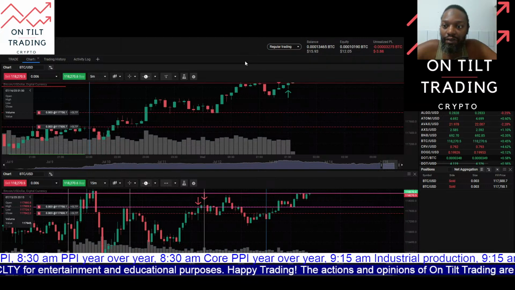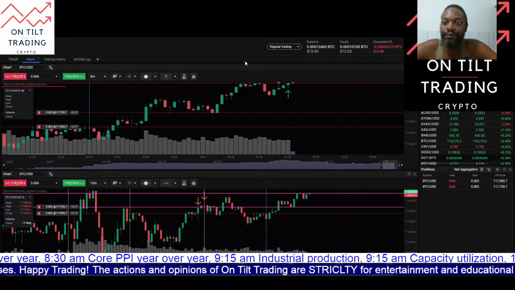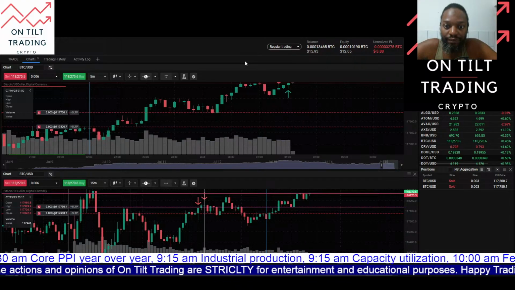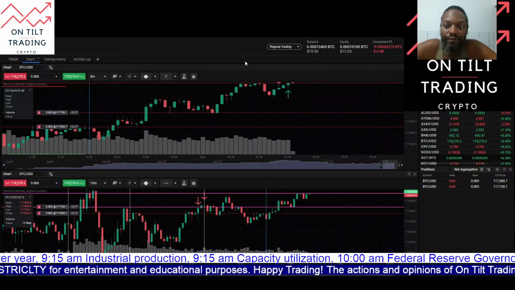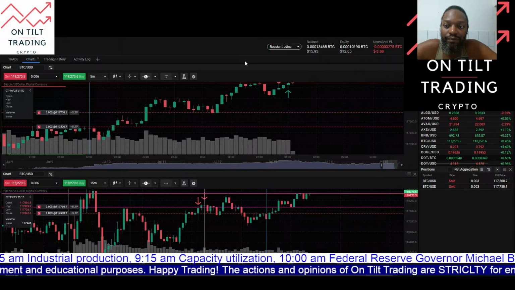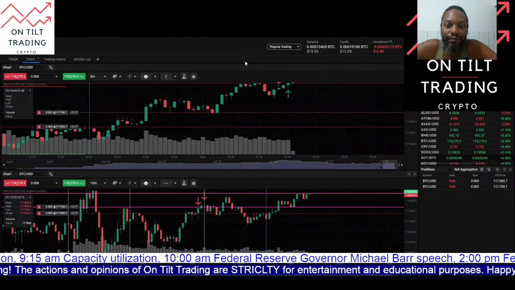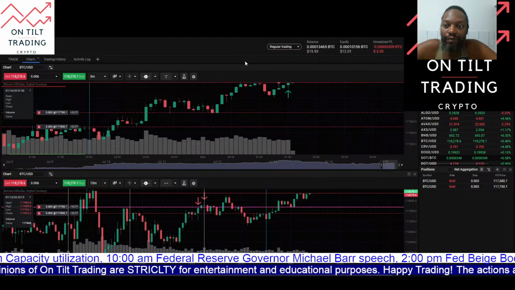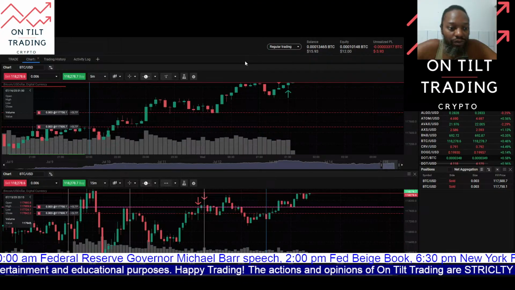Price consolidating here after putting in a new high of day. Price trading near the 118,280 level.